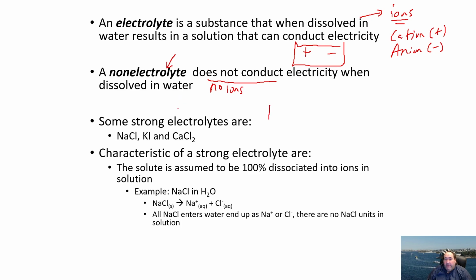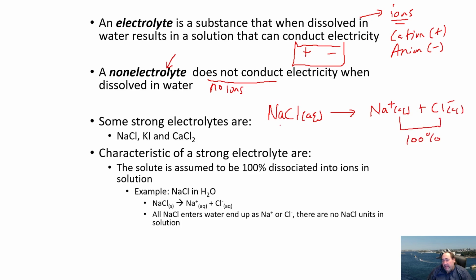So for example, if you had sodium chloride solution, in actual solution, you would have 100% sodium ions and chloride ions floating around in that solution. None of these sodium chloride units would still be together.